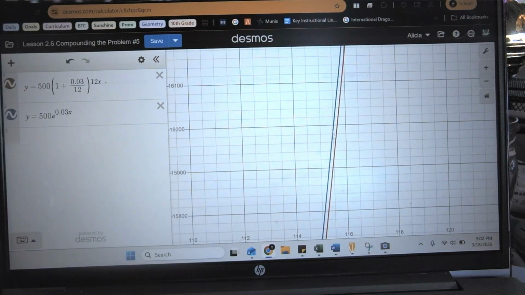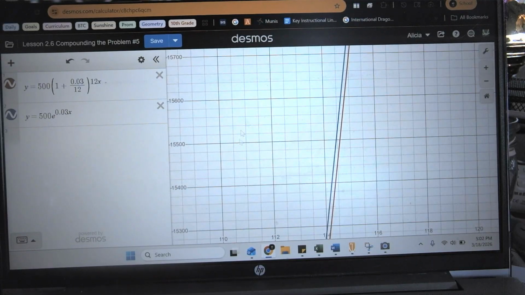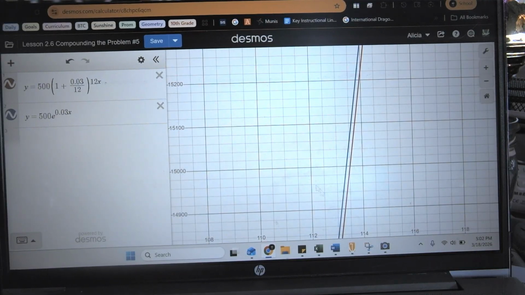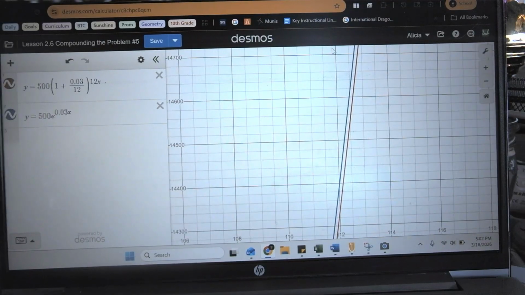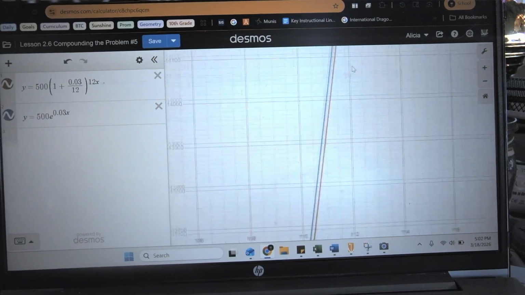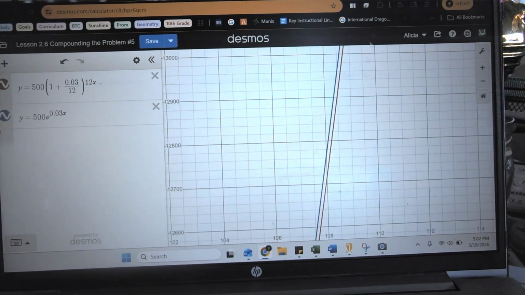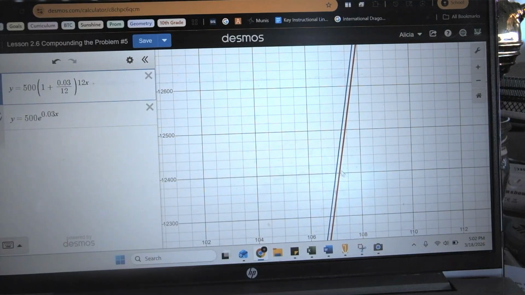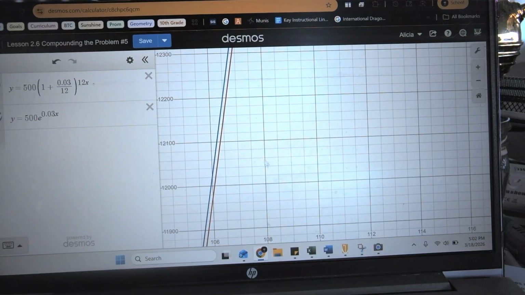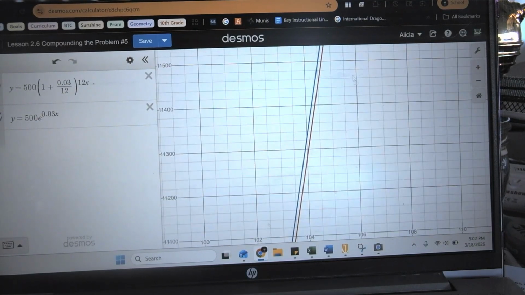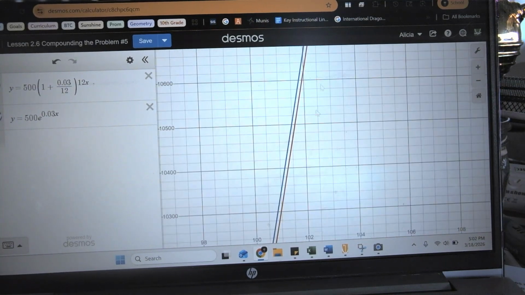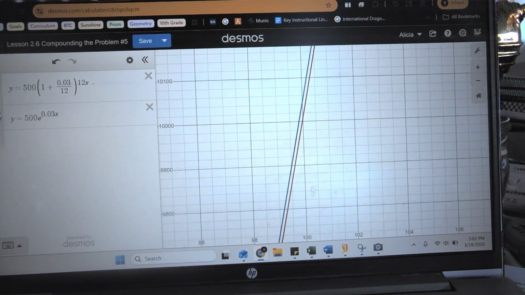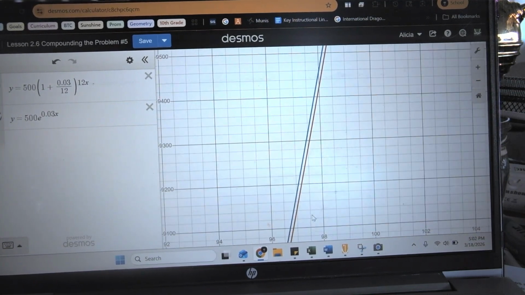I can even go down closer to where we were. Sorry, gotta drag it. And if you see, they're kind of not parallel, but they almost look parallel, but they're curved, so we know that they're not exactly parallel. And the red one's always below.